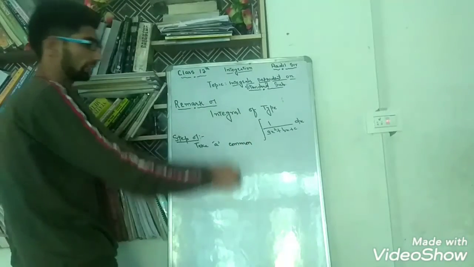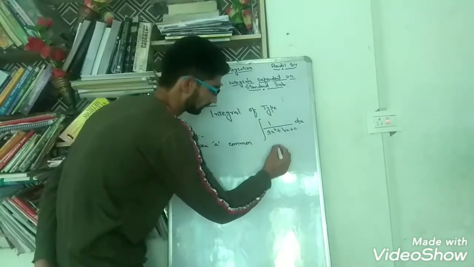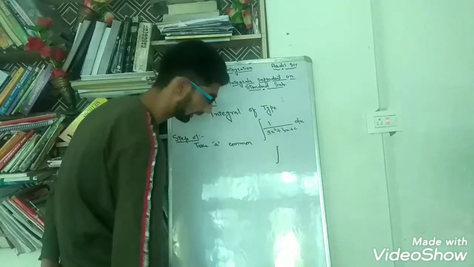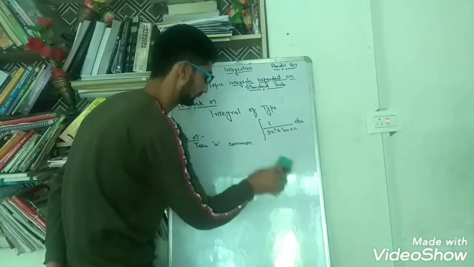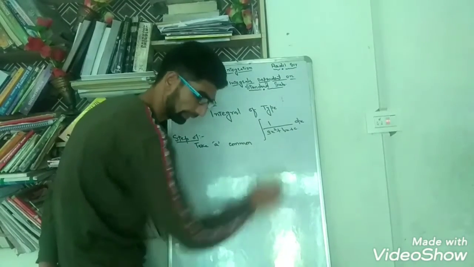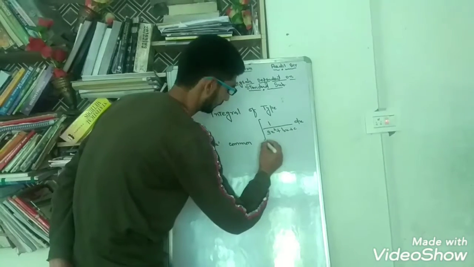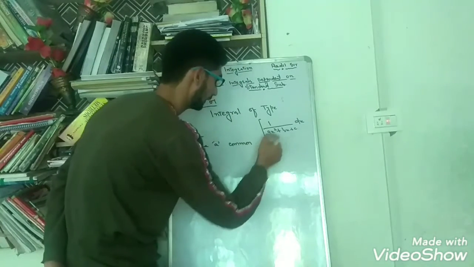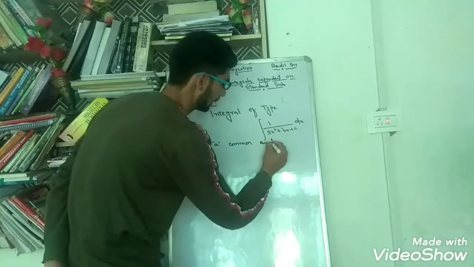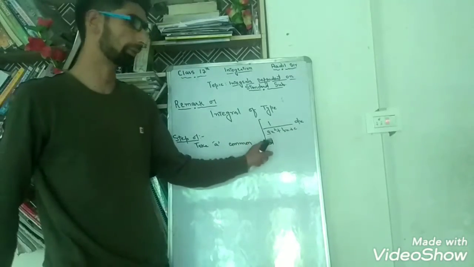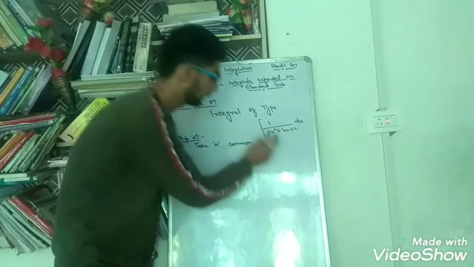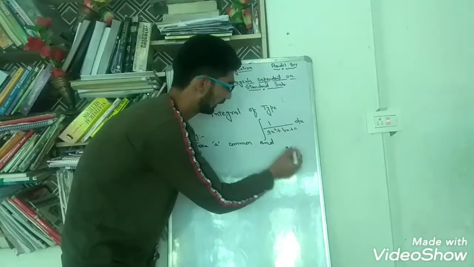When you take this a common, what will you get? You will get here a into x square.